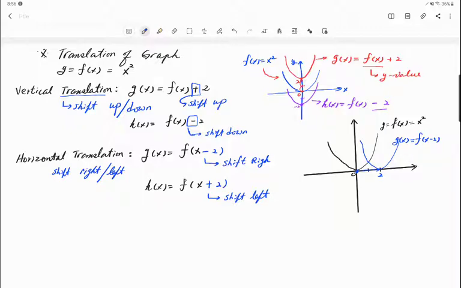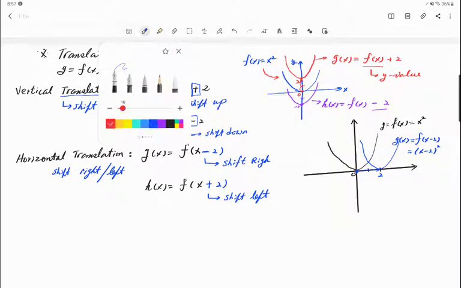Replace x with x minus 2. Minus means shift to the right. So this will be x minus 2 squared. Can you see it? When you shift to the right, subtract 2 from x.